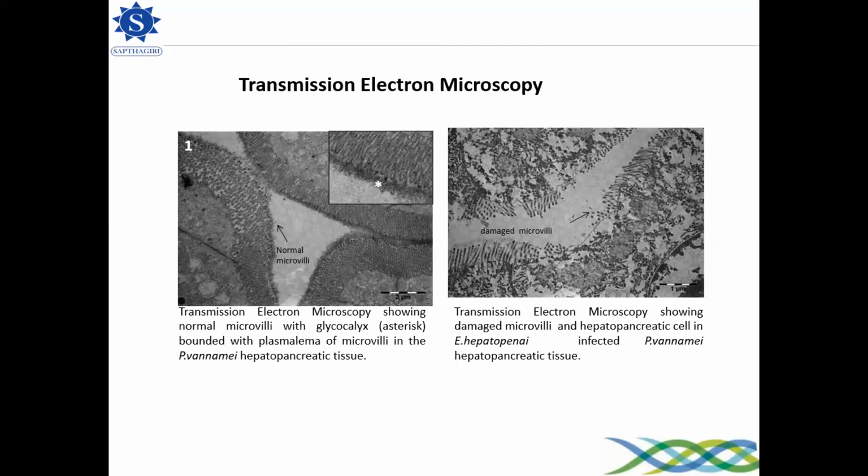Eventually, the cells also get sloughed. The microvilli are the main important structure for absorption of nutrients. So once EHP is infected, all the basic absorption structure is getting sloughed. The absorption is not happening, and the animal gets loose shell or white gut.